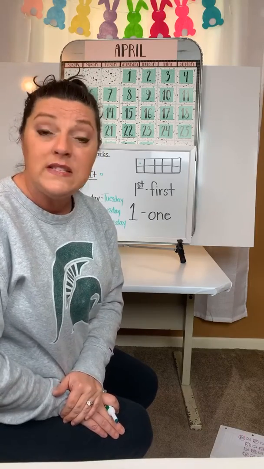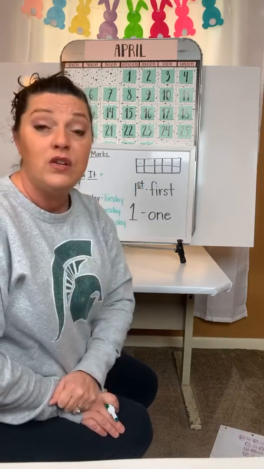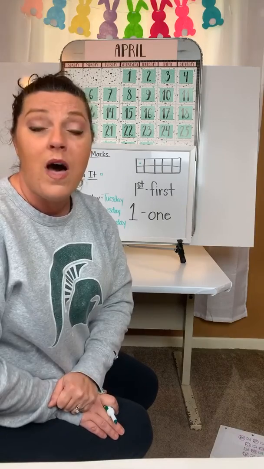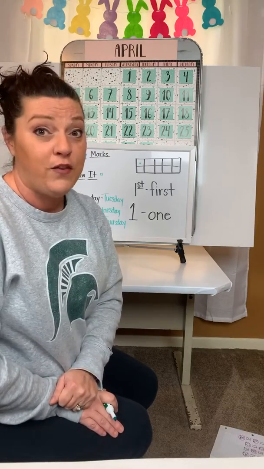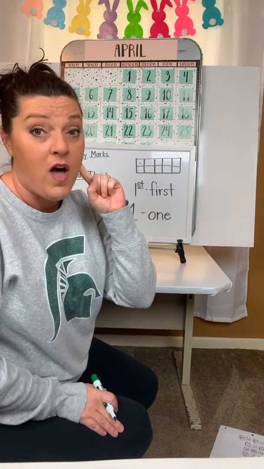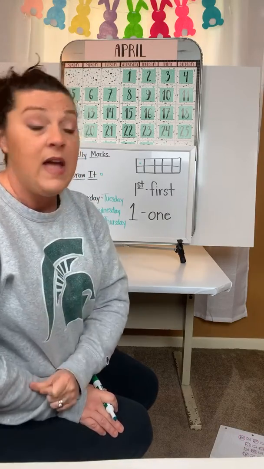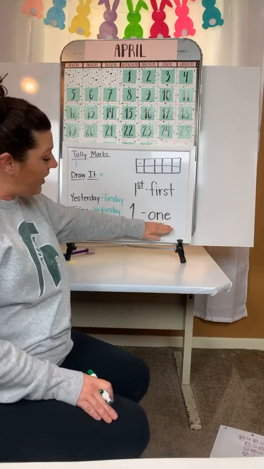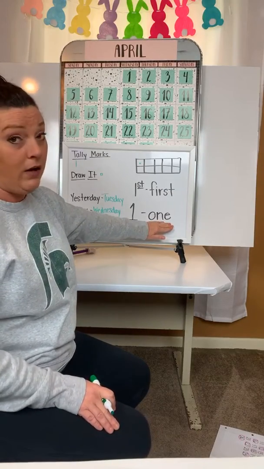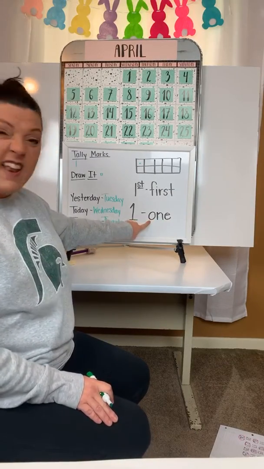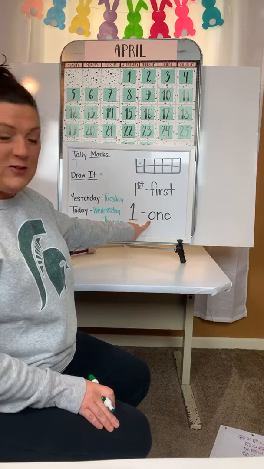What's the first sound you hear in 1? The first sound in 1 is W. Now, if I write out the word, what's the first letter in 1? It's an O, right? Good job.